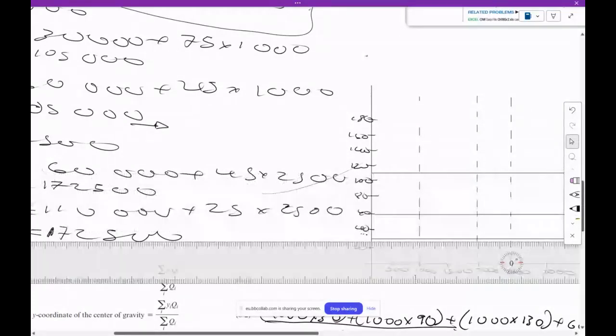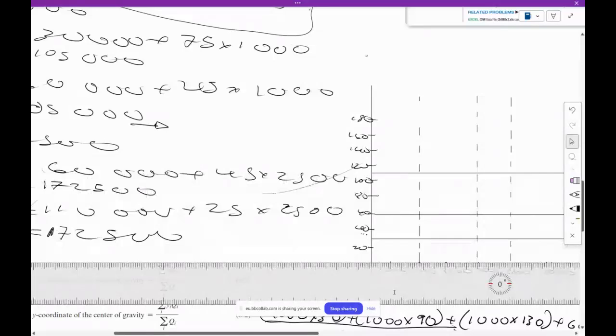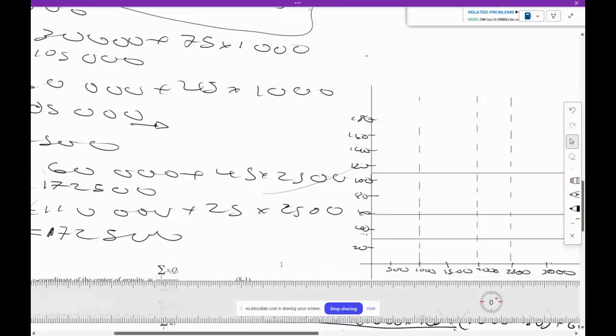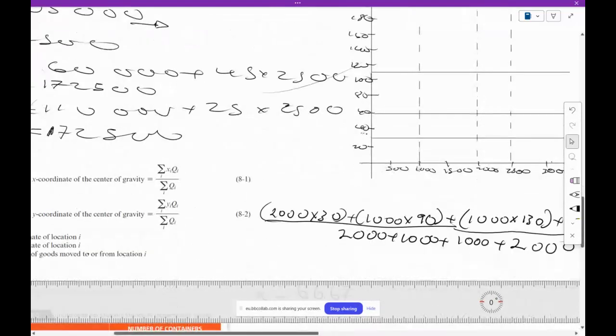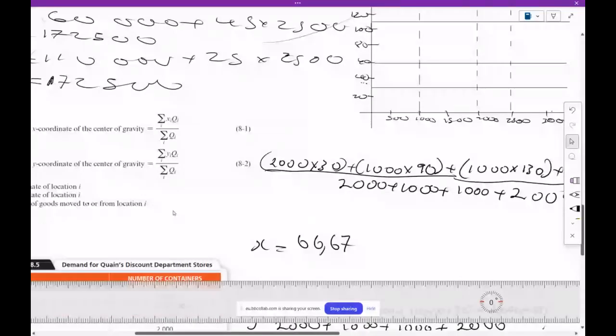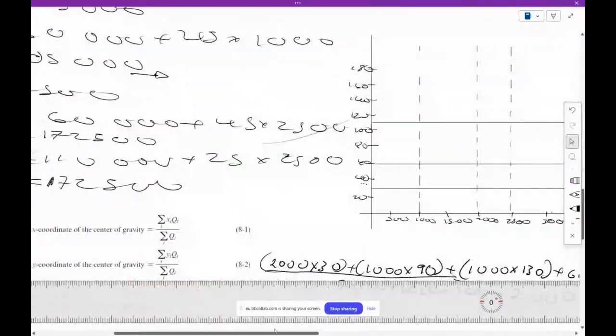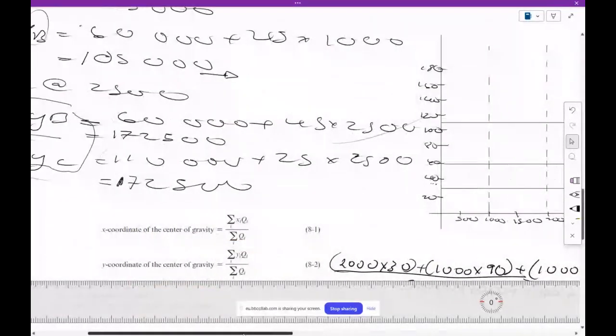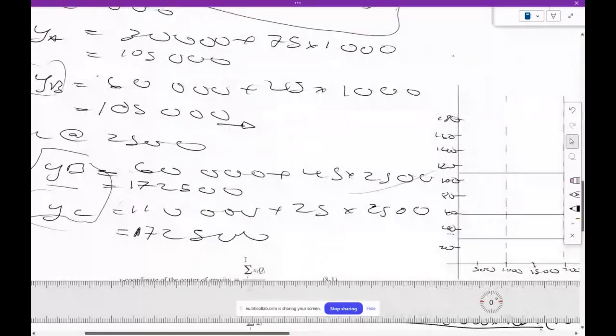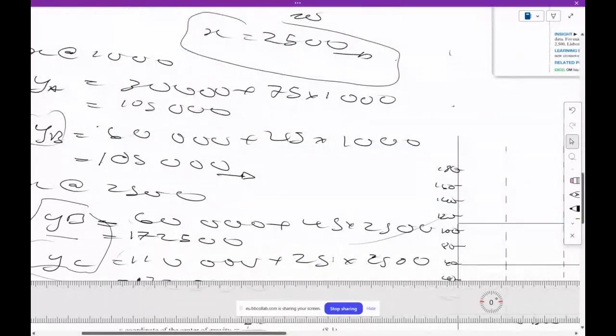Right. Now we have our graphs. This is the most interesting thing now. We need to locate these points. For A, we had 105. Let's look for 105.